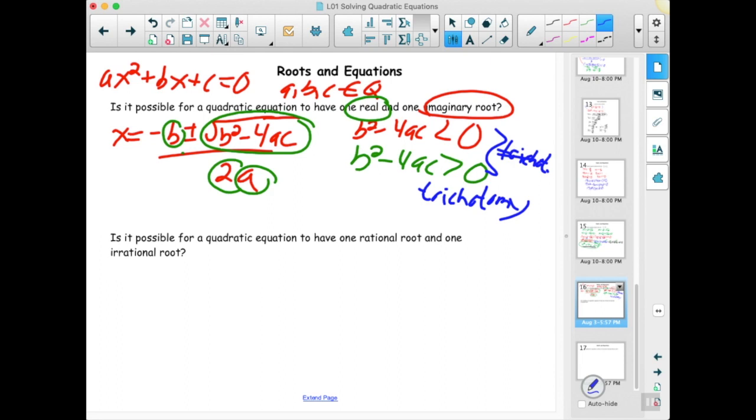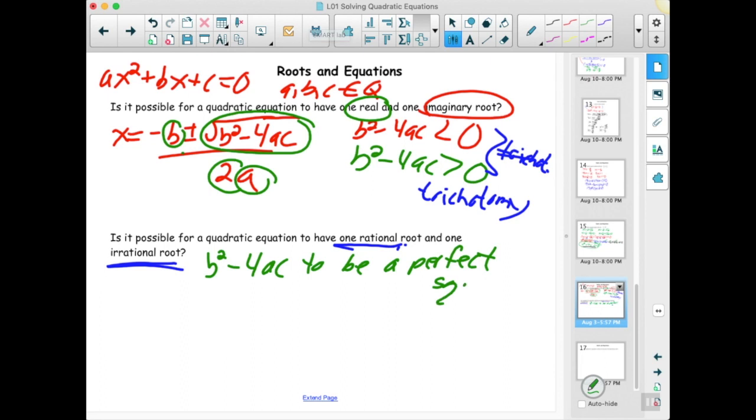Let's come down here. Can we have one rational and one irrational root? So let's think that through. In order to get a rational root, we need b squared minus 4ac to be a perfect square. Because up in here again, the square root of a perfect square is going to make this a rational number, and these are rational numbers, so if you operate in rational numbers, it will return a rational number.